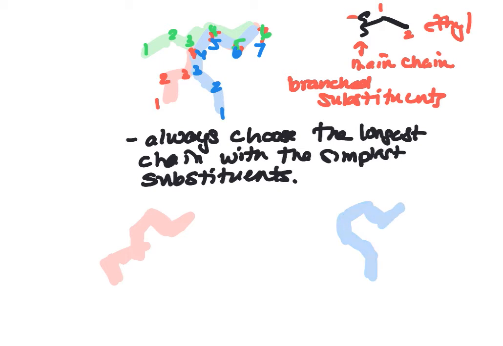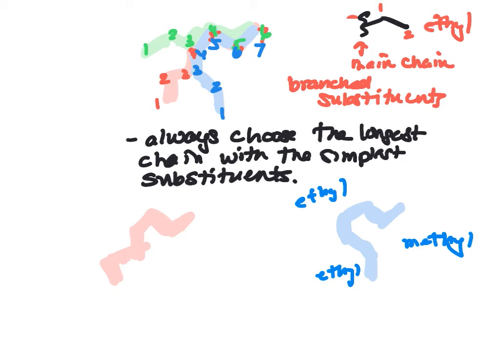On the blue path, we also have 7 carbons. But here, our substituents are much simpler. We have a methyl, we have an ethyl, and we have another ethyl. So we are going to choose the blue route.